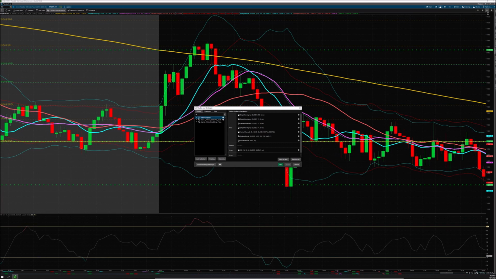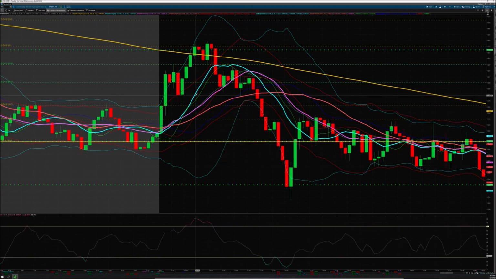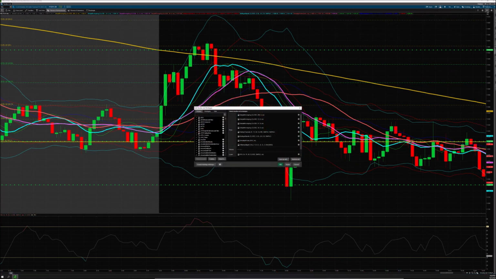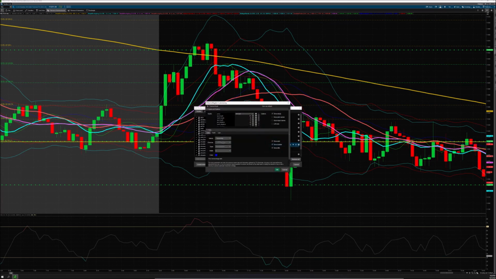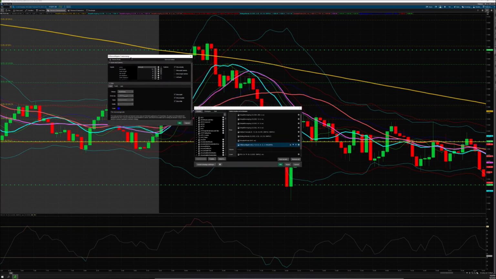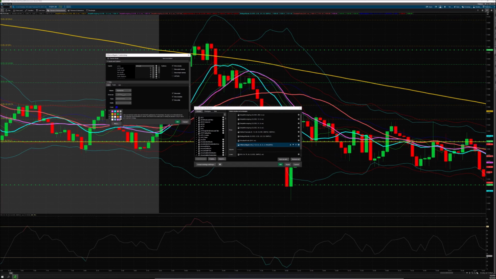There are so many indicators on here. Once I put all that on, I think this is it right here, if I'm not mistaken. It's dark blue. Let's change these to white, that way I understand which one is which because we have so many here now.